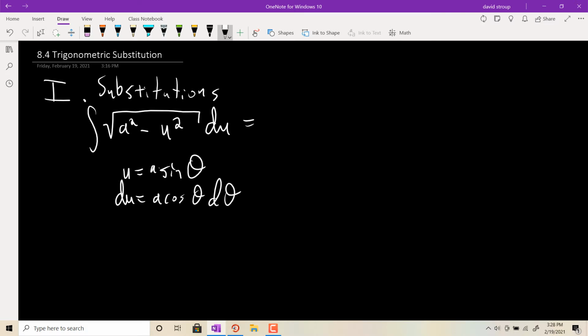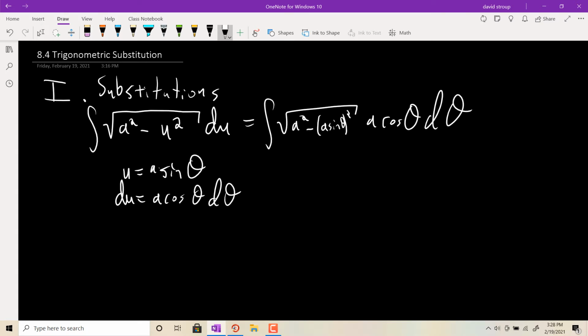Okay. And what would happen? Well, this integral will turn into the square root of a squared minus a sine theta squared times this extra bit of information, a cosine theta d theta. Then you could factor out the a squared, and you get a squared times 1 minus sine squared, and if you're thinking ahead, you can kind of know where I'm headed there.